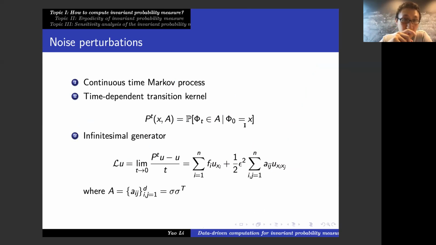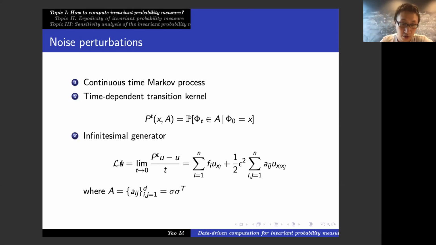This Markov process has a time-dependent transition kernel, where Pt(x, A) means I start from x, and after time t, what is my probability of getting to a set A? From this transition kernel, it generates a semigroup, and this semigroup has an infinitesimal generator.